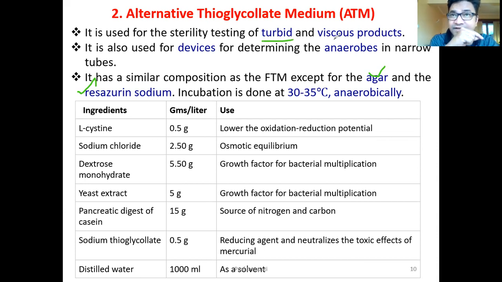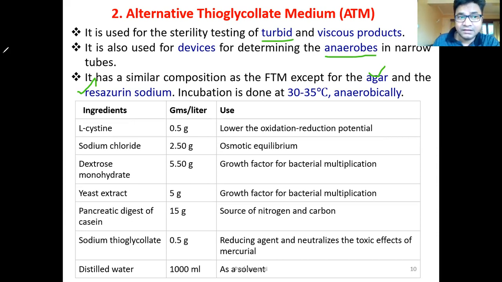Previously, we were checking clear solutions. Here, this is used to check turbid or viscous preparations. It is also used to check anaerobes, the bacteria which can survive in the absence of oxygen. The previous one checks both.